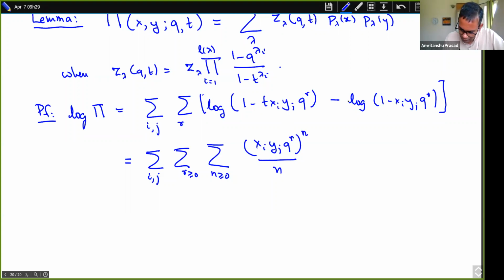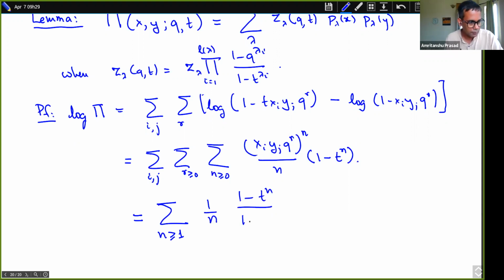And here the only difference in these terms is this t, so I get a 1 minus t to the power n. So here you would just get a 1, and here you get a t to the power n. The signs get flipped because it's in the numerator. But then that can be written as the summation over n greater than or equal to 1 of 1 over n, 1 minus t raised to n over 1 minus q raised to n, pn x, pn y.